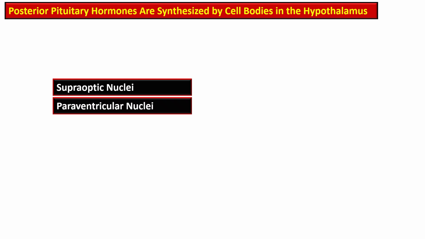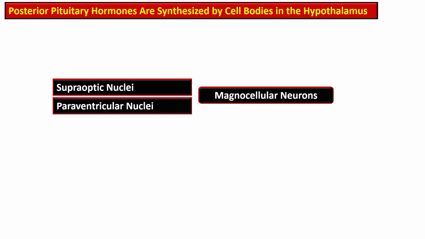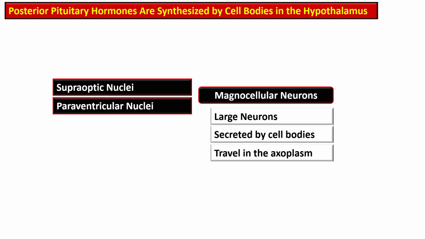The posterior pituitary hormones are not made in the posterior pituitary itself. They are synthesized in the magnocellular neurons in the supraoptic nucleus, which mainly produces ADH, while the paraventricular nucleus mainly produces oxytocin. Both are located in the hypothalamus.